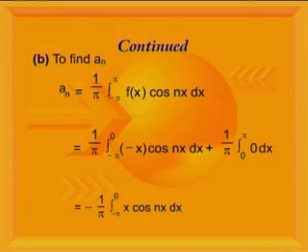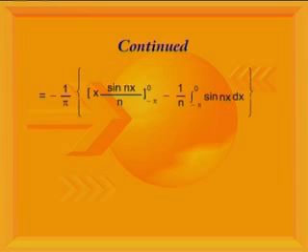This is the product of two functions, and we will apply integration by parts. So that is equal to -1 over pi times bracket start x sine nx over n, where the values of x vary from -pi to 0, minus 1 over n times the integral of sine nx with respect to x, x from -pi to 0.